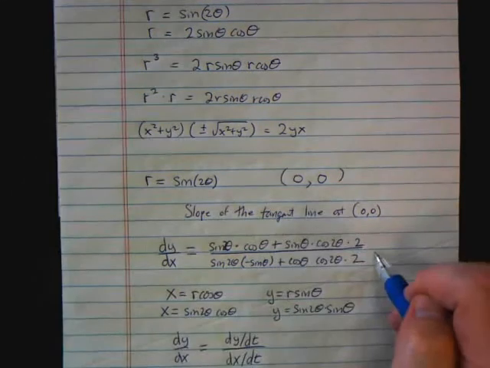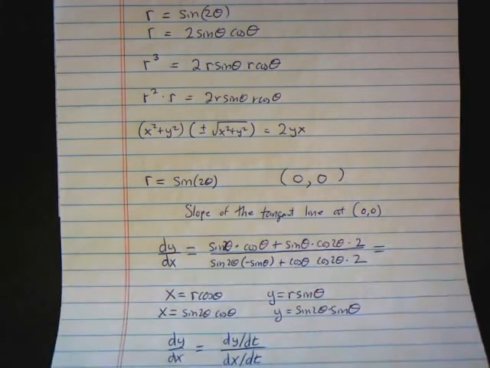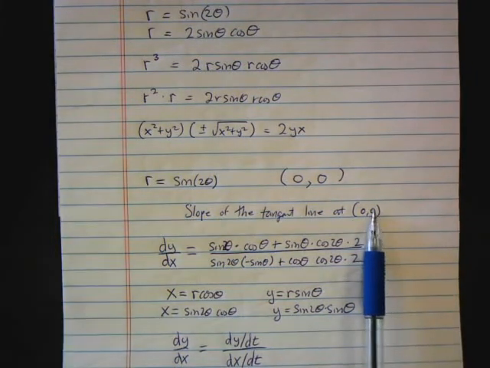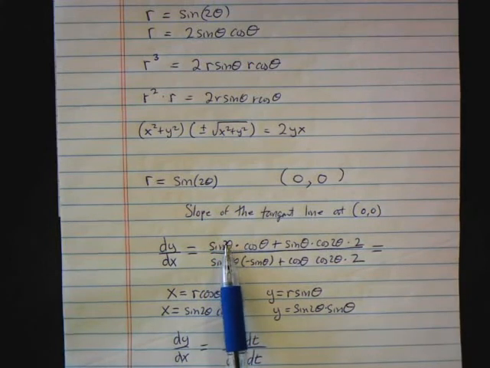So my final answer is the slope of the tangent line. How do I now find the slope of the tangent line? Plug in a number. What number do I plug in? 0, 0 for theta. So I have to have this in polar form, theta. If I plug in theta, I get sine of 0, which is 0.